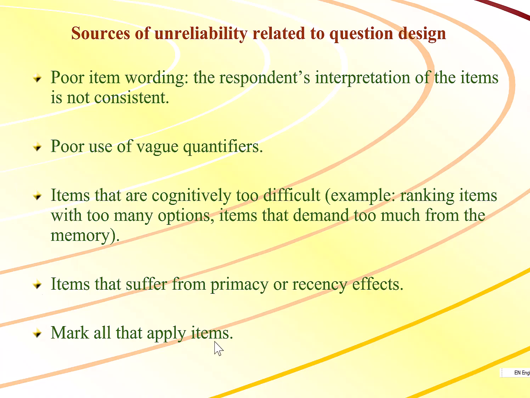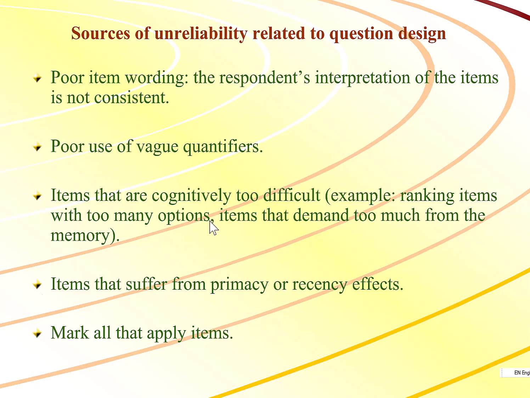So for sources of unreliability related to question design, we have poor item wording, which means that the questions are interpreted in different ways by the respondents. Vague quantifiers, such as strongly agree to strongly disagree, frequently, sometimes, occasionally.